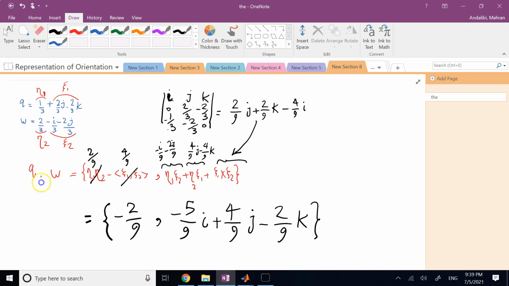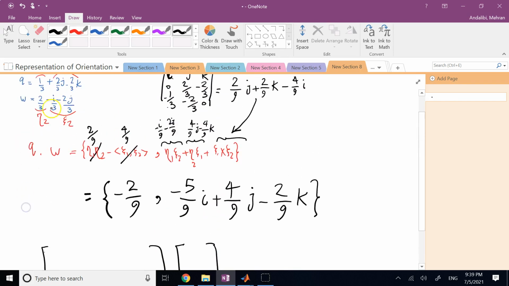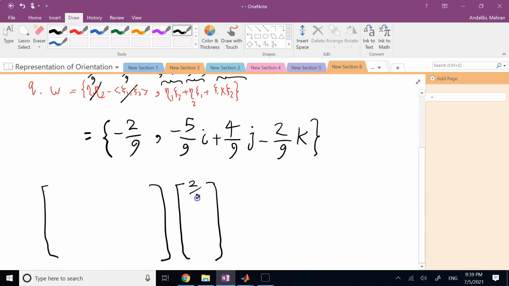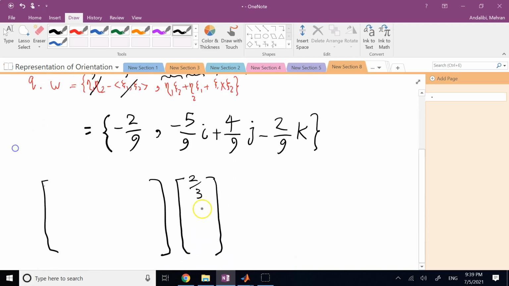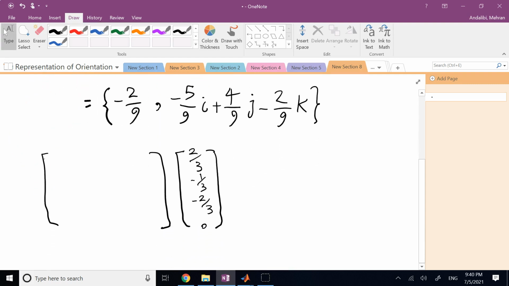Now the second method says form the 4x4 matrix of QA and then multiply it by the quaternion of QB. For QB, you directly type in the numbers. So 2/3, -1/3, -2/3, and 0. You know, there is no k for the second one.